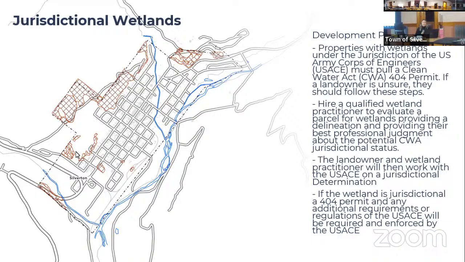If a property owner is unsure, they should hire a qualified wetland practitioner to evaluate the parcel for wetlands and send that information over to the U.S. Army Corps of Engineers to make the final legal determination on whether the wetland is jurisdictional or not. If it is, they'll have to go through the U.S. Army Corps of Engineers process.